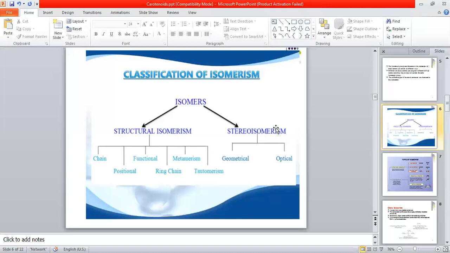Now what are stereoisomers? Stereoisomers are compounds that differ because of their orientation in space. I know you may be thinking, what does space have to do with chemistry?